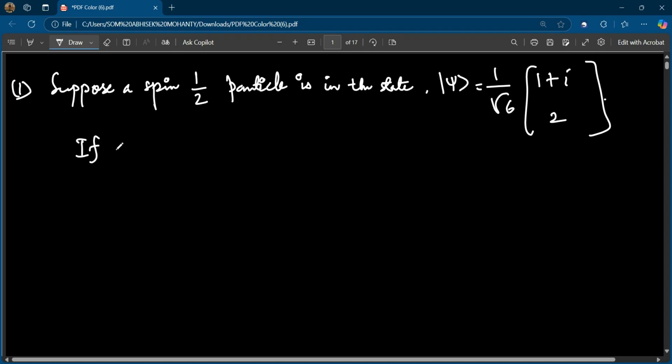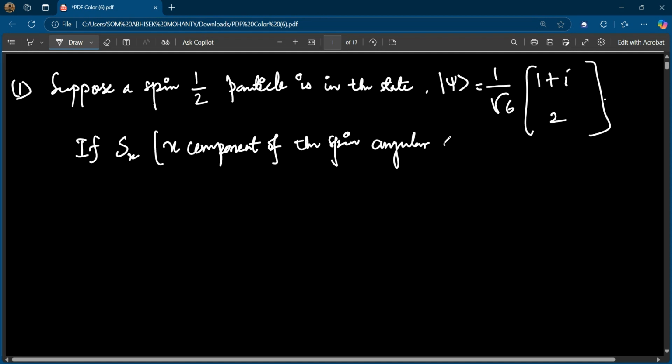If Sx, the x component of the spin angular momentum operator, is measured.